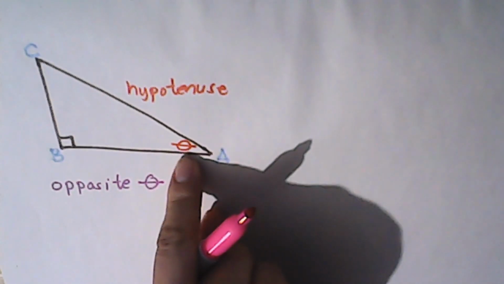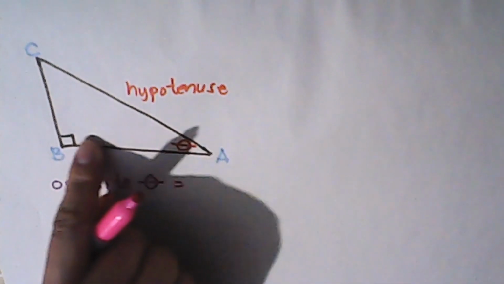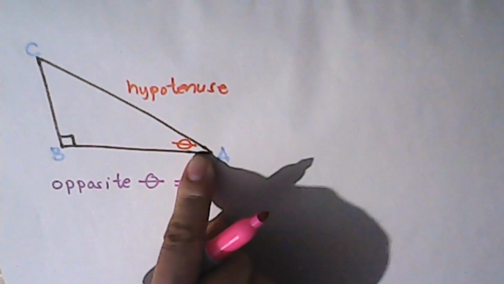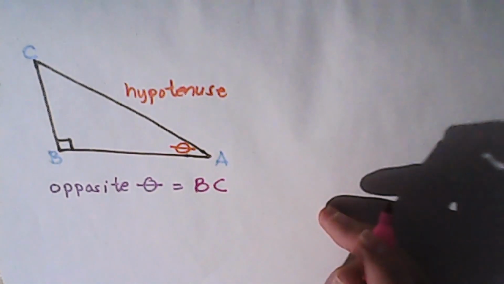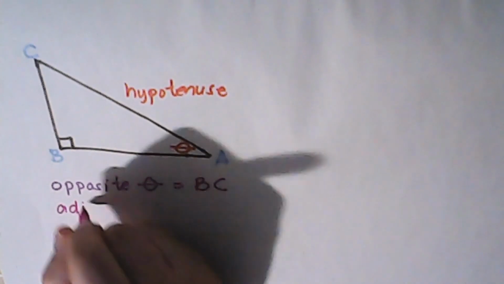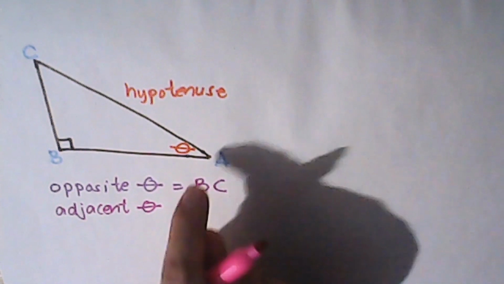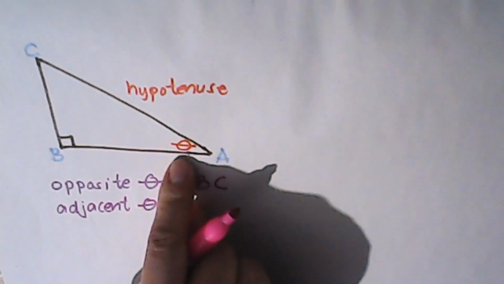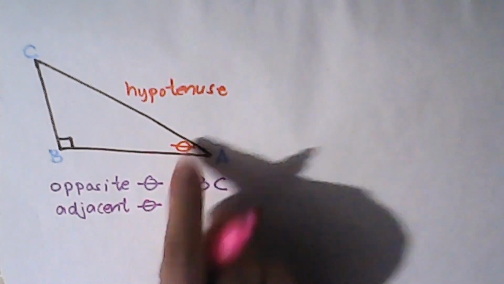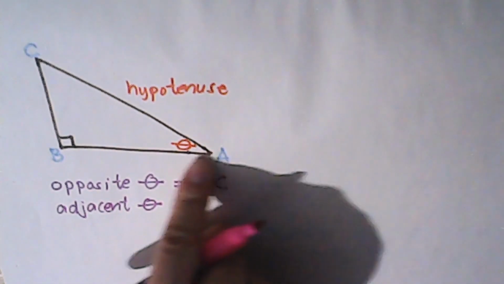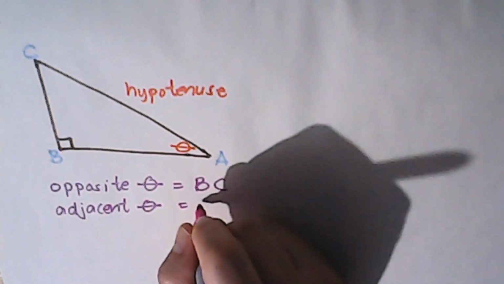The side opposite theta is the side that is farther from the angle. So the side opposite theta is BC or CB. The adjacent side is the side that is near to the angle that we are referring to. Since we are referring to theta, the adjacent side is AB or BA.